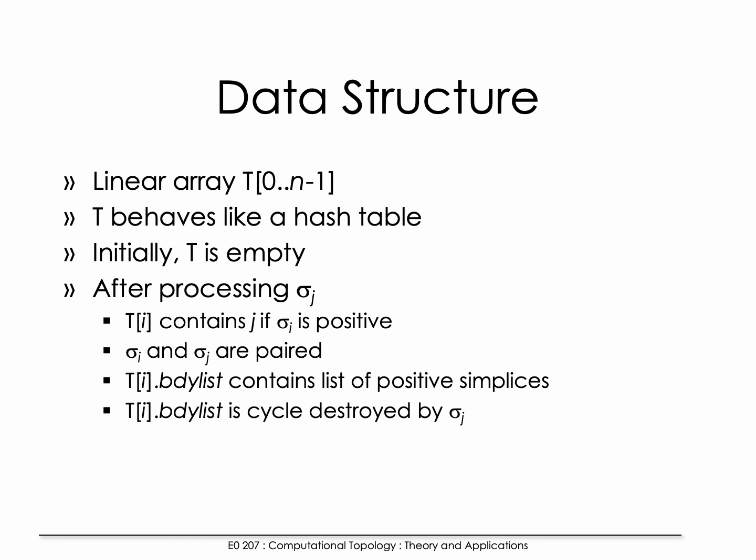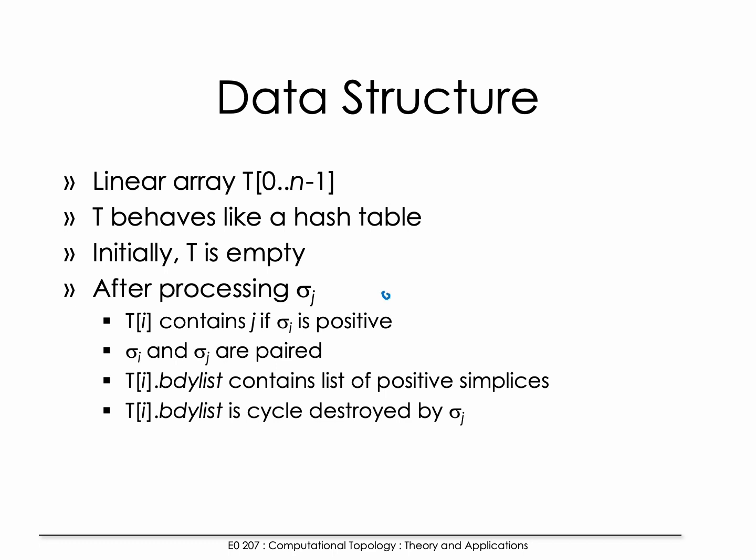So specifically, after you process sigma sub j, where sigma sub j is the jth simplex that you're inserting: if sigma sub j is negative, as in it destroys a cycle, then let's say it is paired with sigma sub i.